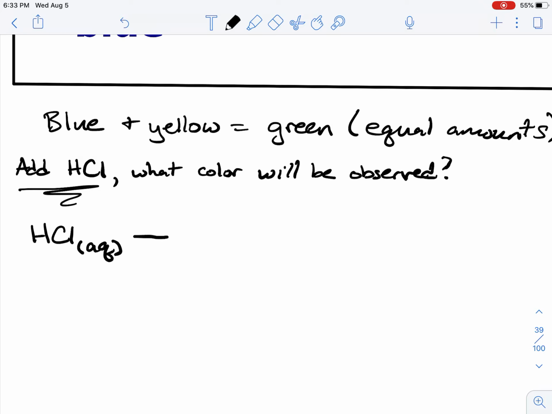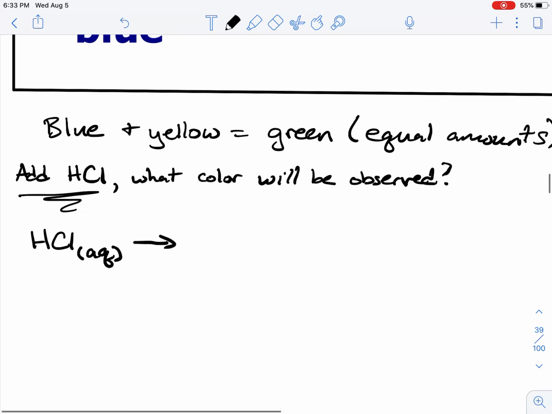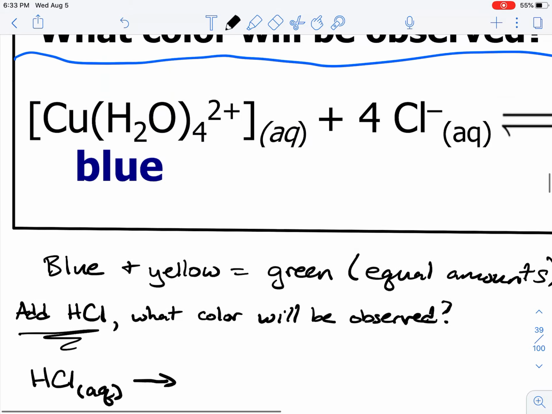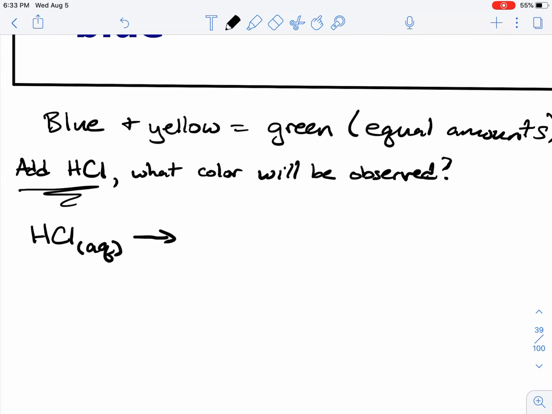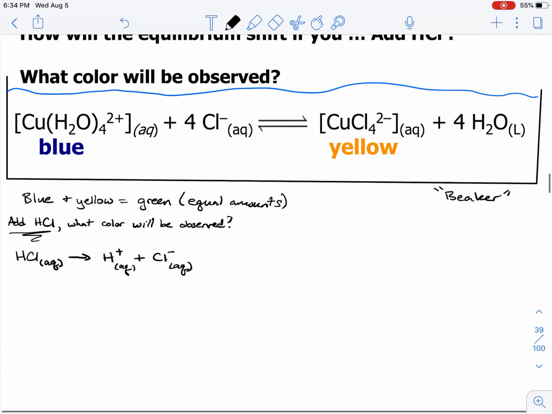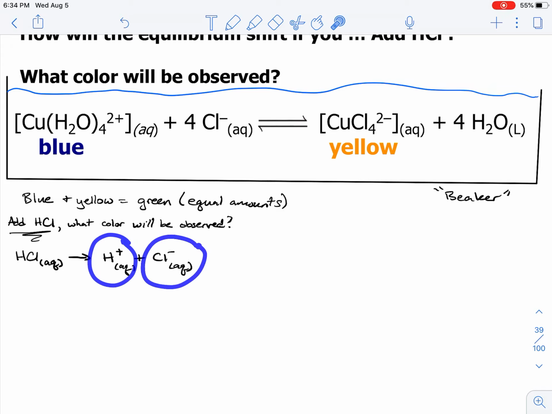What that means with respect to this specific example is that the addition of hydrochloric acid into this solution will force HCl to separate into its ions, and both of them are going to be aqueous in state. So what we're really doing is adding H plus and Cl minus.